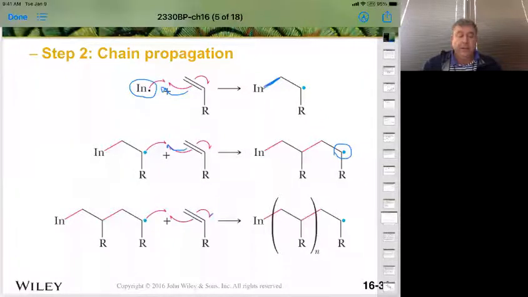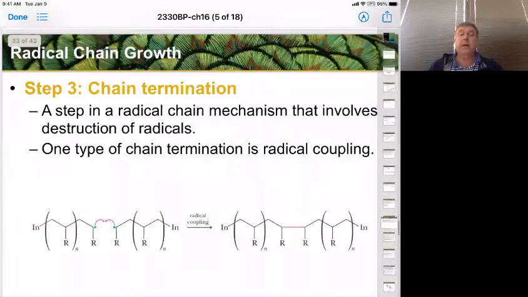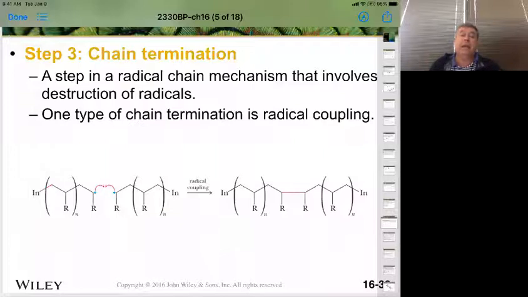All right, so then the last thing we have to do is terminate the reaction. There are a couple of ways to do it. If you run out of double bonds, then eventually a radical at the end of one chain is going to come along with the radical at the end of another chain and make a final carbon-carbon bond, one electron from each, meaning you do not generate a radical.